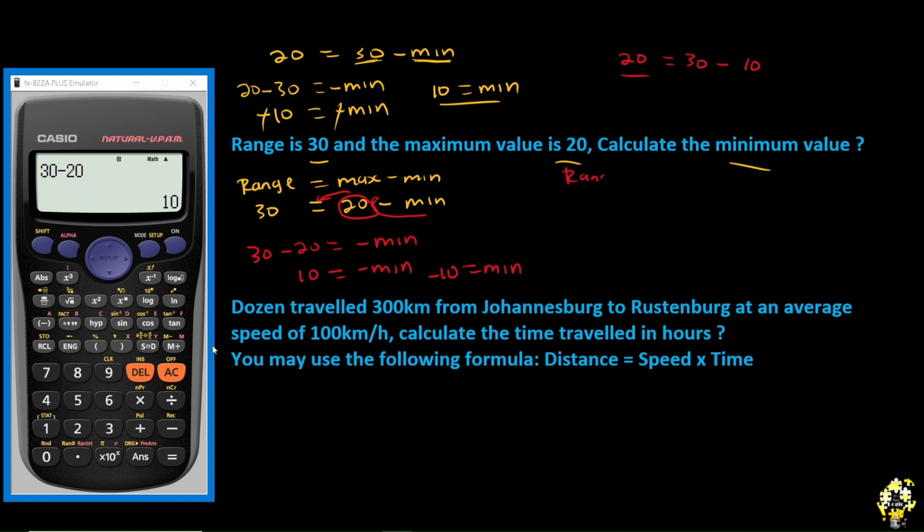Again, let's go here. Range is equal to maximum minus minimum. Our range was 30. Our maximum was 20 minus. This is the usual minus that comes with the formula. But then this one is the one that has been carried by the 10, because we said our minimum is a negative 10. Minus 10. How do I put this in the calculator?